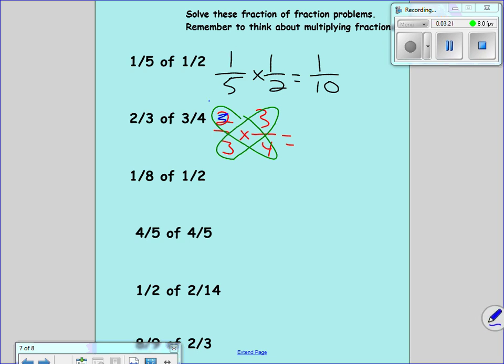Divide by 2, I get a 1. 4 divided by 2, I get 2. Divide by 3, 1. Divide by 3, 1. 1 times 1 is 1. 1 times 2 is 2. Your answer is a half. 1/8 times 1/2. Cross-reduce, cross-reduce. I can't because 1 and 2 and 1 and 8, I can't get anything. So I have 1/16.